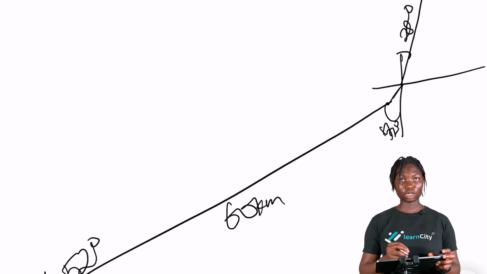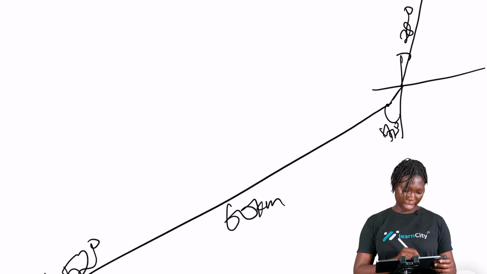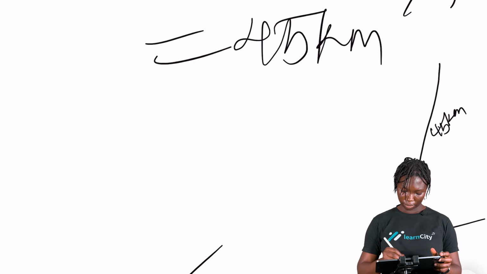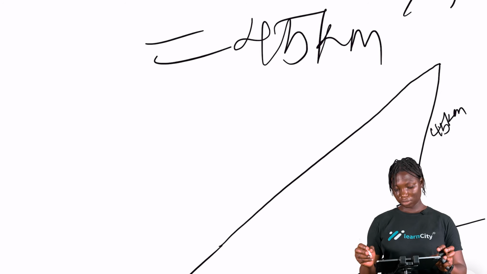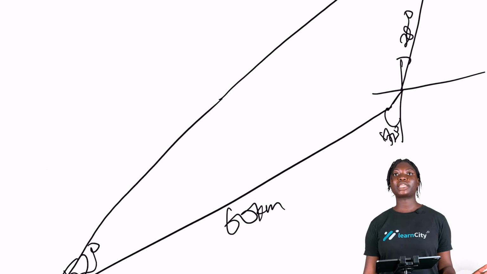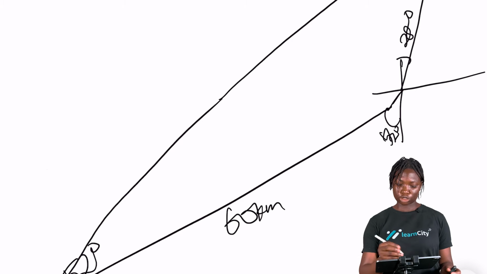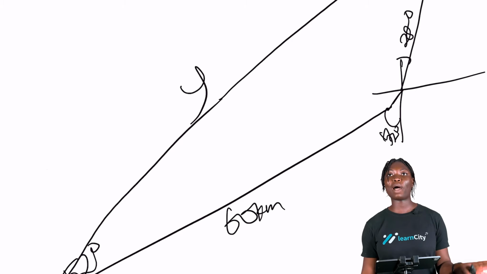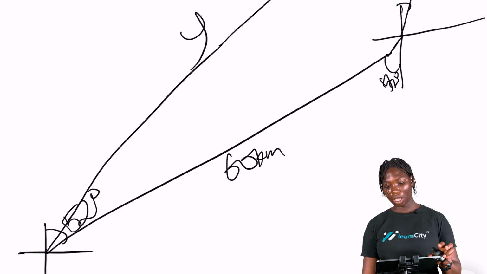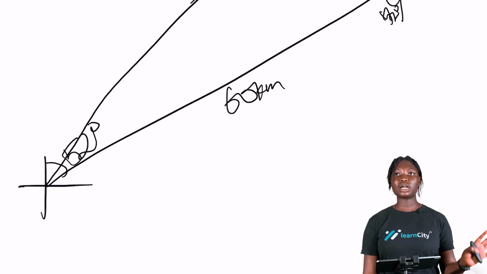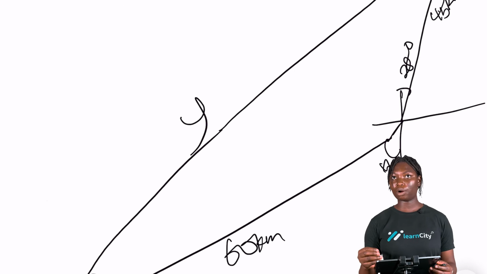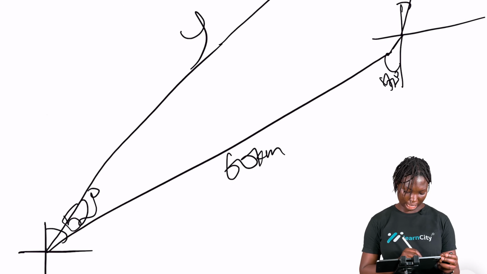Now we can just join from here, so we have our diagram to be something like this. We can make this y, and this x.